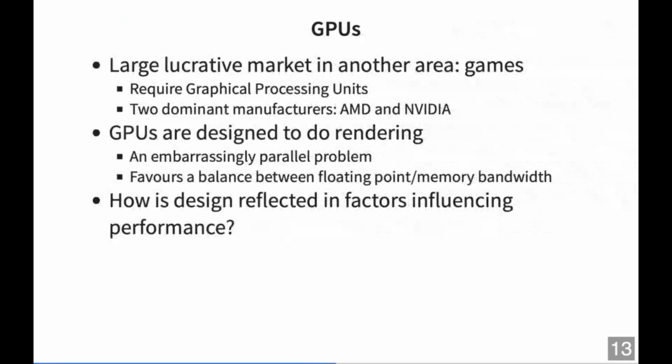And this is the issue of graphical processing units, and there is a huge and lucrative market for games, which require graphical processing units to render images, which is the main business of, or one of the main businesses of, games.